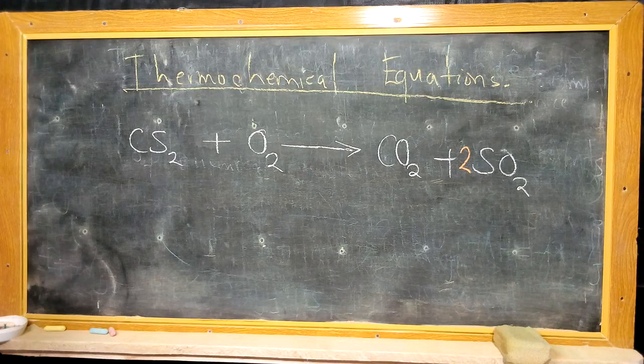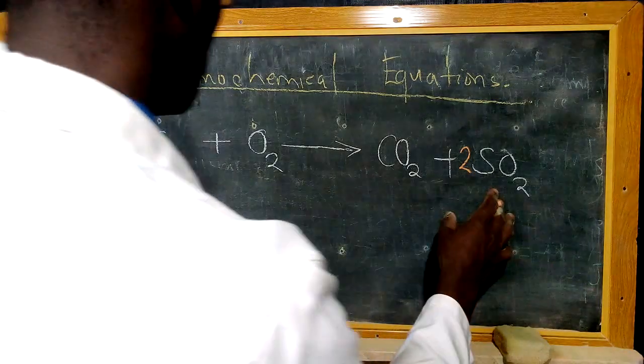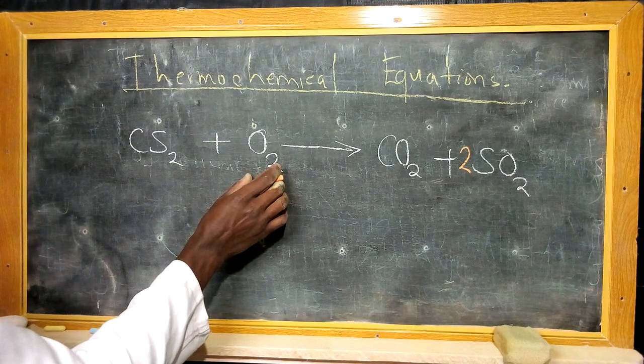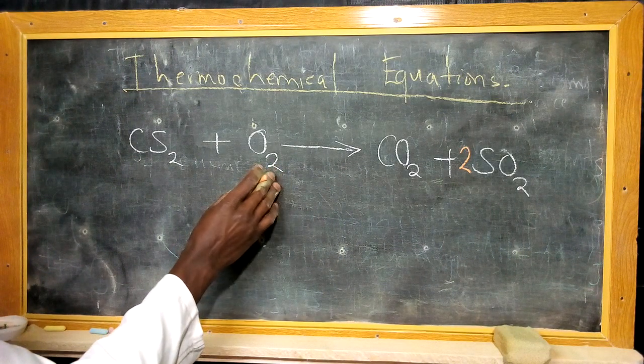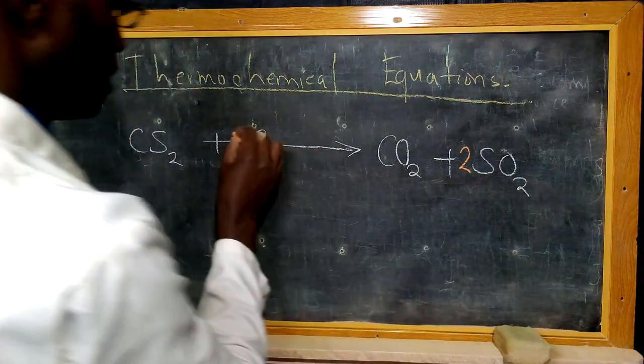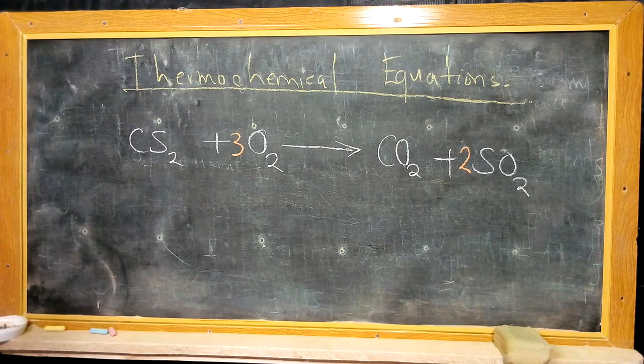That affects the number of oxygen atoms on the product side. On the product side the oxygen is 2 plus 4, which is 6, so we put a coefficient of 3 on the oxygen to balance the reacting side.